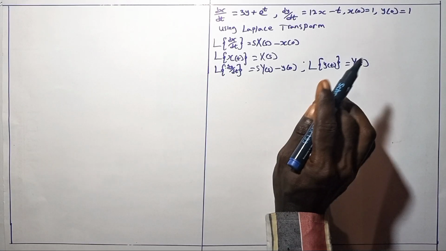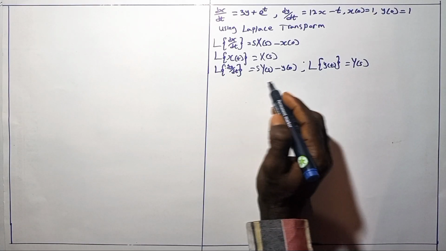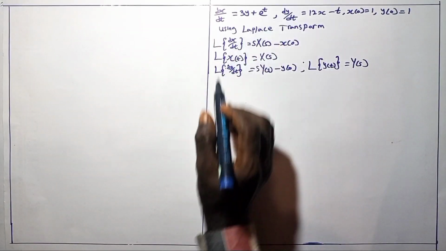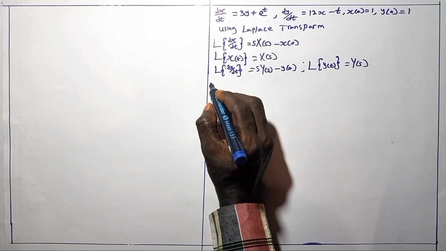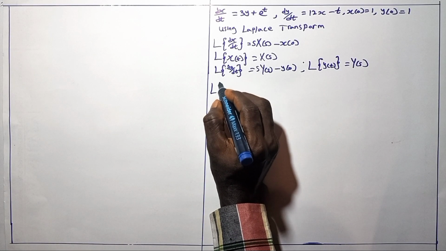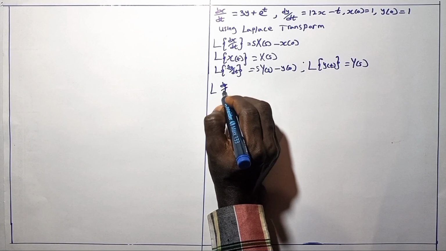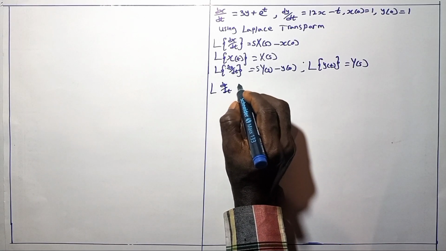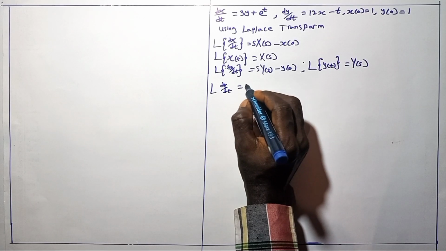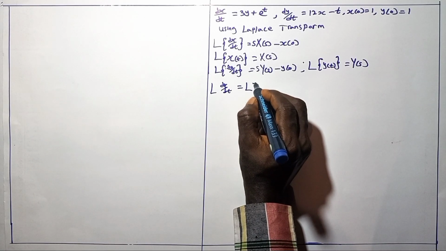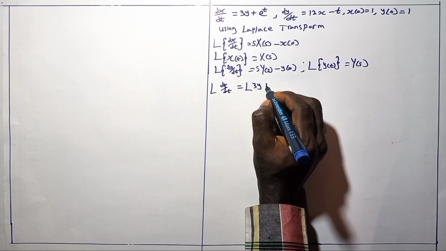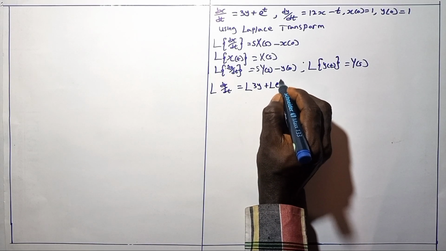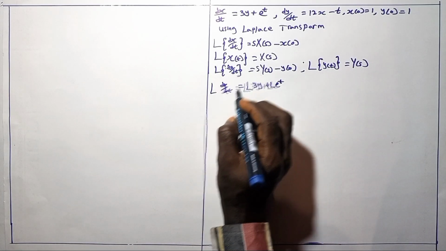So let's proceed. Now let's apply Laplace to both equations. Applying Laplace to dx/dt is equal to 3y plus Laplace of e^t.